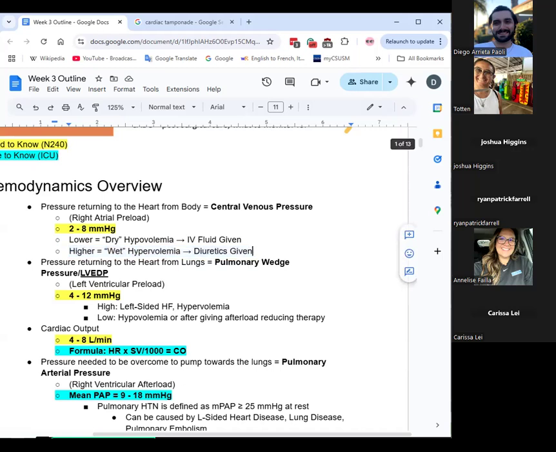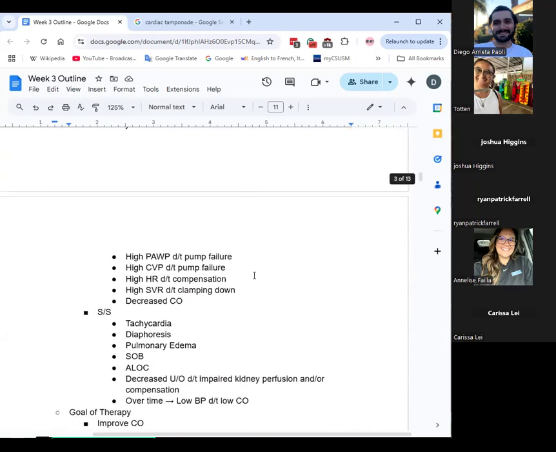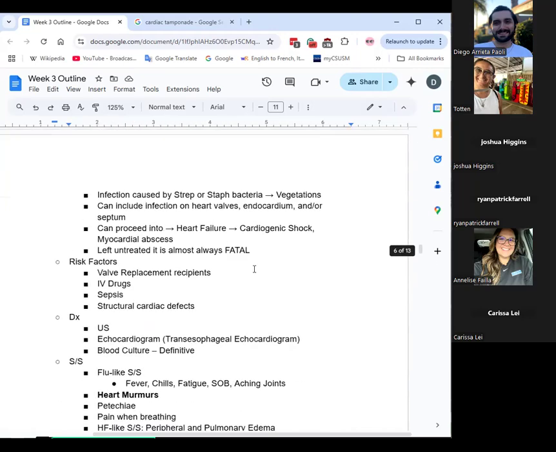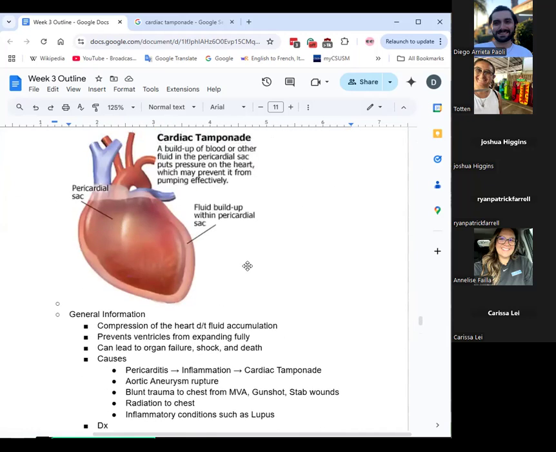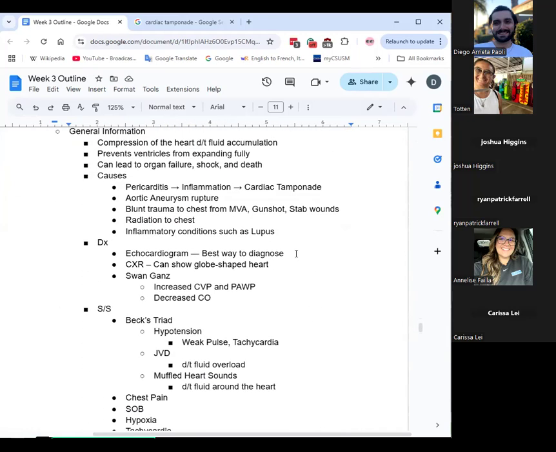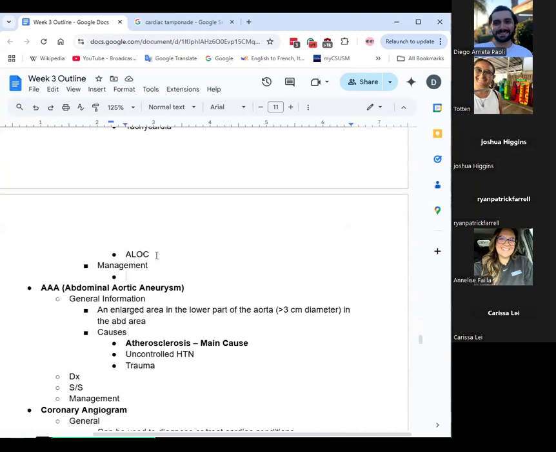This is one of the few conditions where even though their CVP and their PAWP are high, we're gonna want to give fluids, because this person essentially needs to have some degree of preload, and we cannot afford to take that away from them. So we need to manage this condition by giving them the preload. Right now, they have a bunch of pressure on the heart, which makes it harder for them to pump forward.